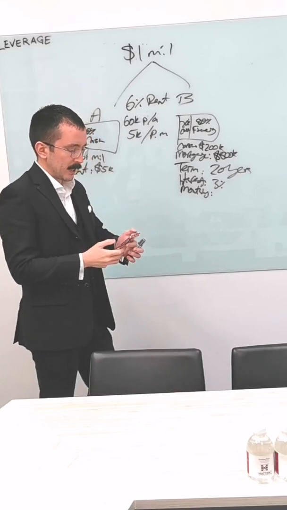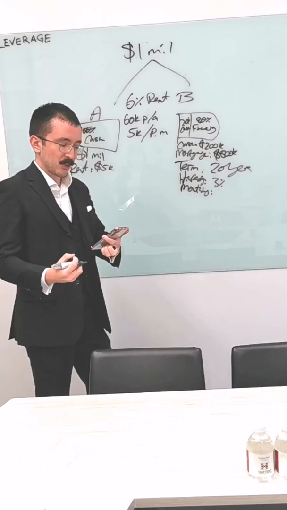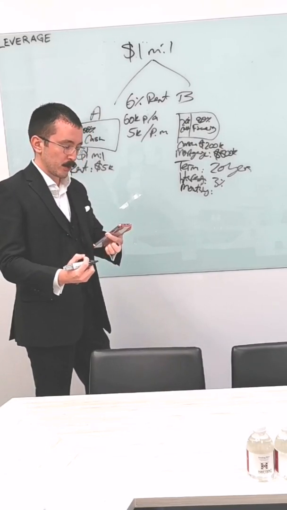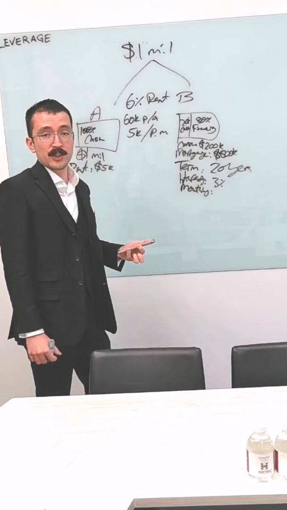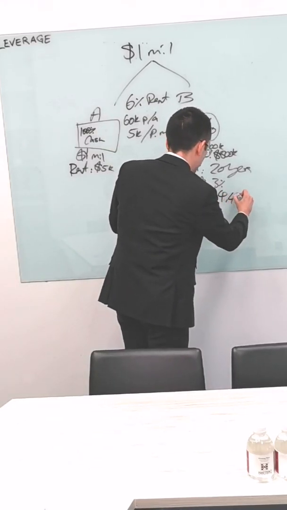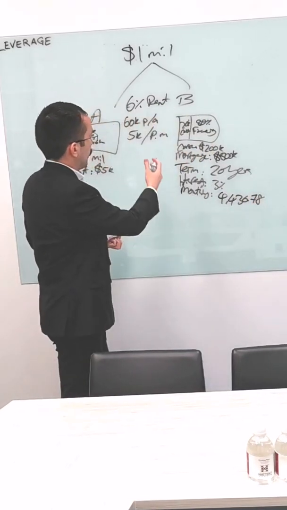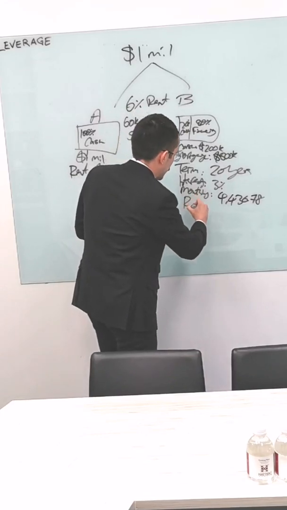His monthly payment based on an $800,000 loan with 3% interest per year for a 20-year term is going to be $4,436.78.